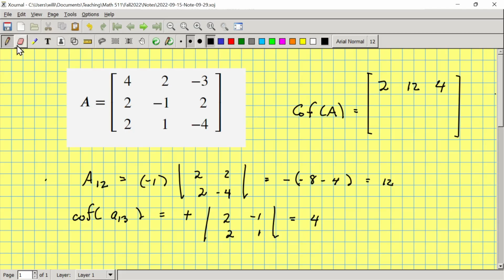Now we want the cofactor for this one, the position 2, 2. What's the sigma? Plus or minus? Minus. Okay. What's the determinant of its minor? Minus 8 plus 3 is negative 5, and minus 5 is plus 5, right? You see that?